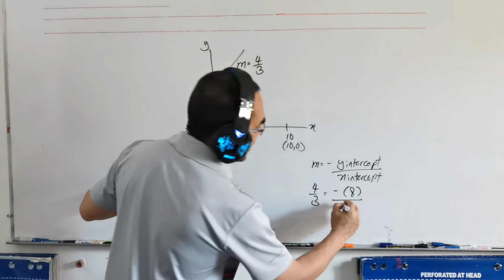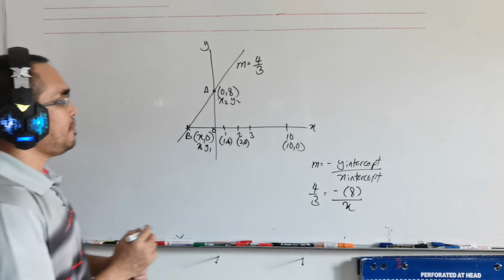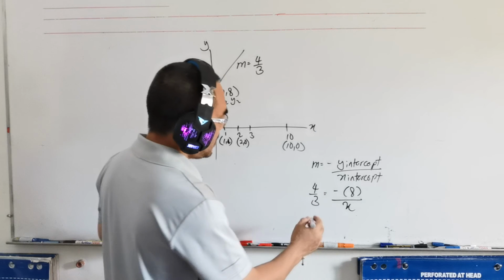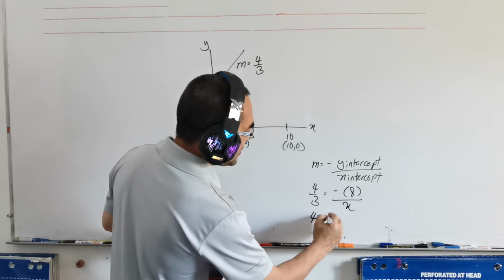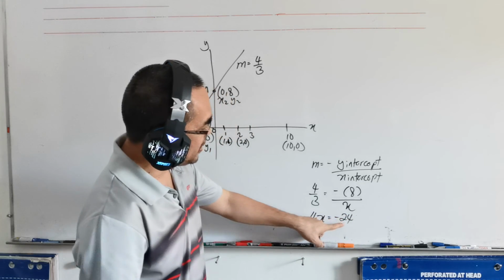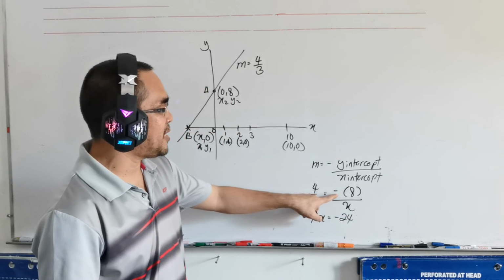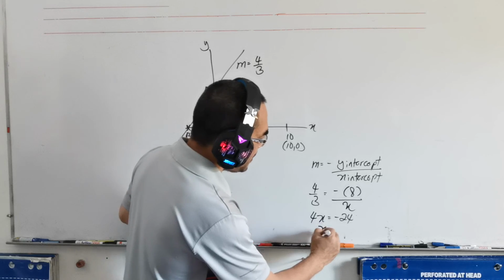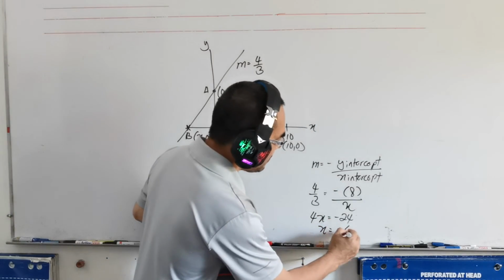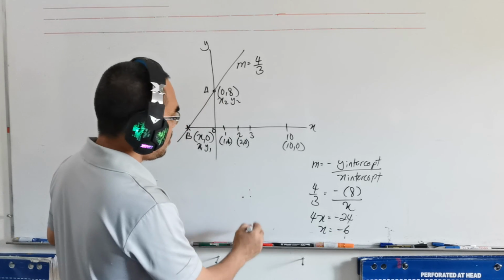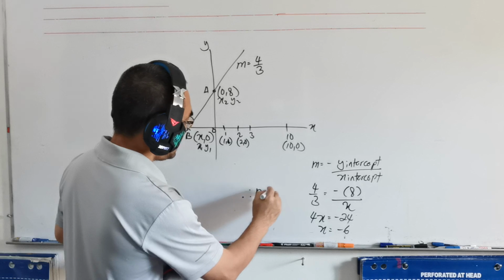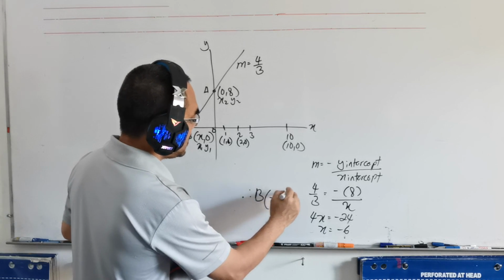The x-intercept, you just write down as x. Then cross multiply, so you get 4x equals negative 24, because 3 times negative 8. So x will be negative 24 divided by 4, which is negative 6. Therefore the x-intercept, or B, will be negative 6, 0.